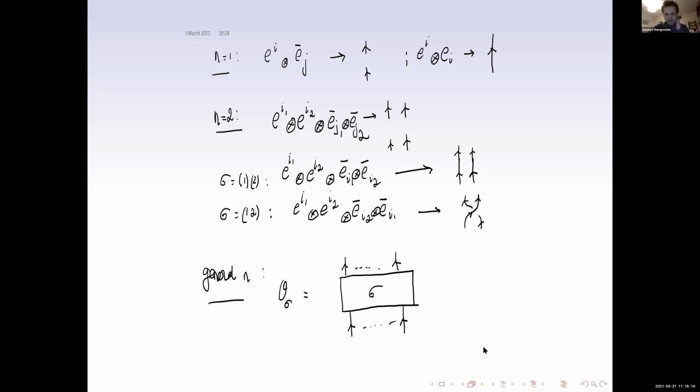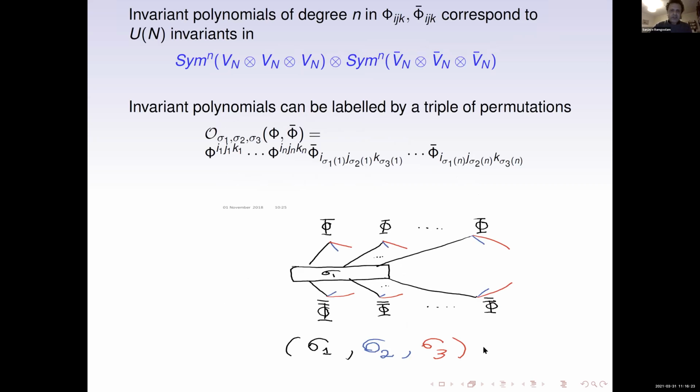In general, you have the E's, the indices of the E's are drawn here, of the E bars here, and you have a permutation that describes the contraction. Okay, so now this tensor problem, we have degree n, so you have little n of these phi's, little n of these phi bars. Each of these phi_ijk is a variable.